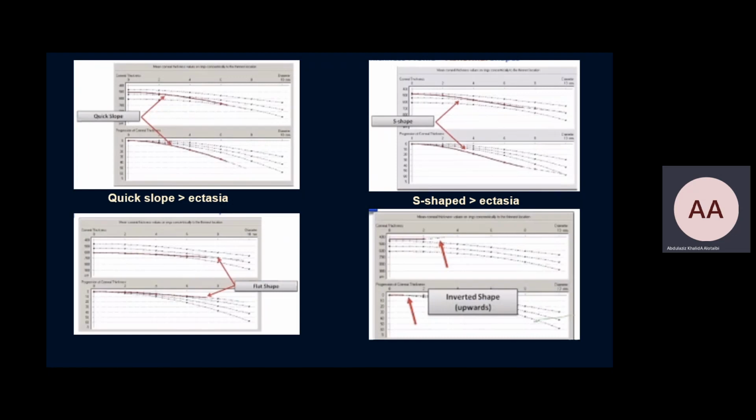The peripheral and the central thickness are almost the same, so it goes with normal. What about 4? We have an inverted shape, it goes upward, so the thickness is getting thinner in the periphery, so it goes with PMD also.